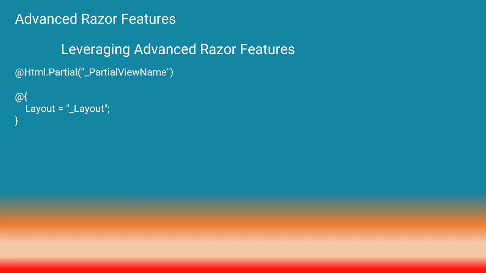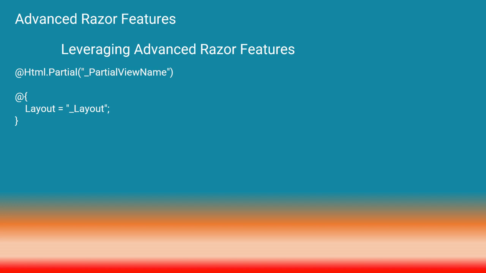Let us explore some advanced features of Razor. You can use partial views to break your UI into reusable components. For example, @Html.Partial("PartialViewName") lets you include a partial view within your main view.